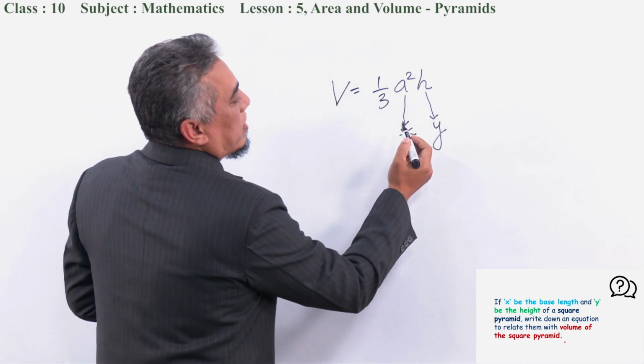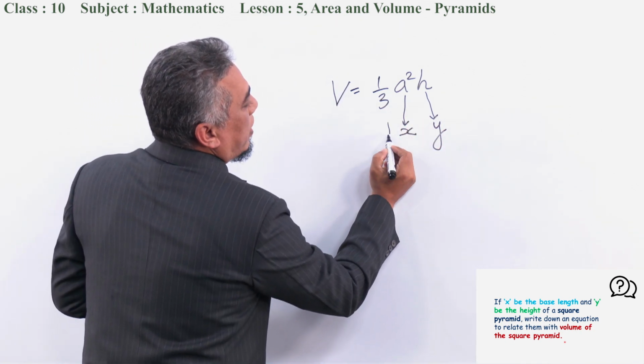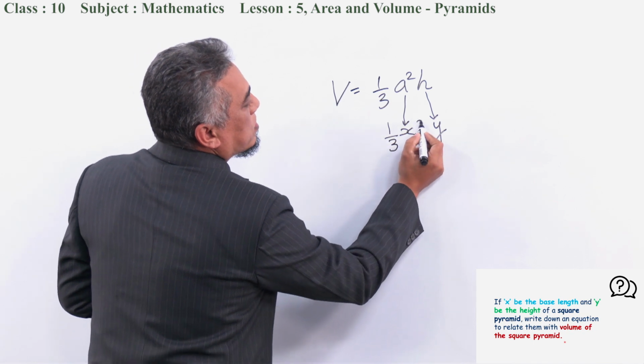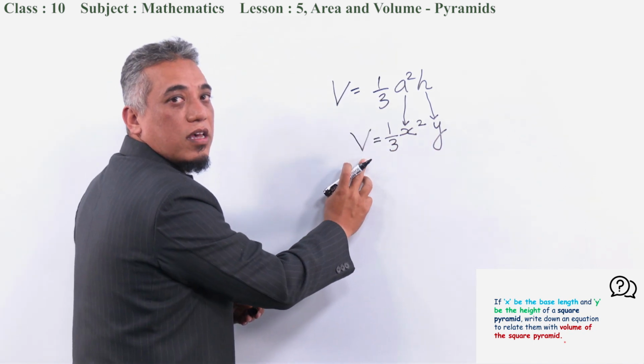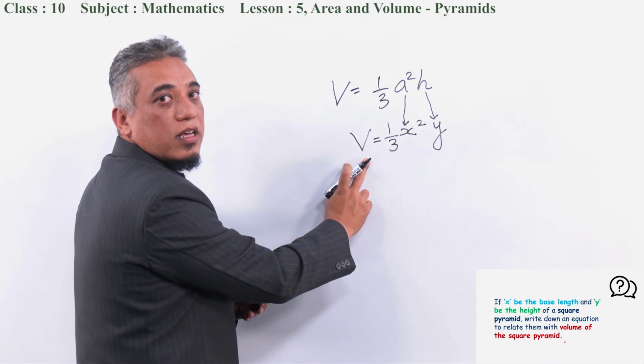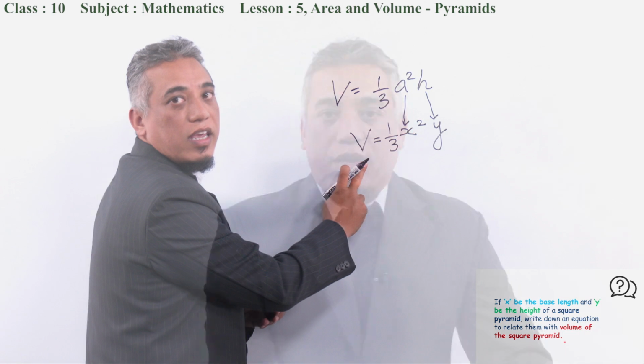Then this becomes 1/3 x squared y. So this is the expression, this is the equation that relates x, y and V.